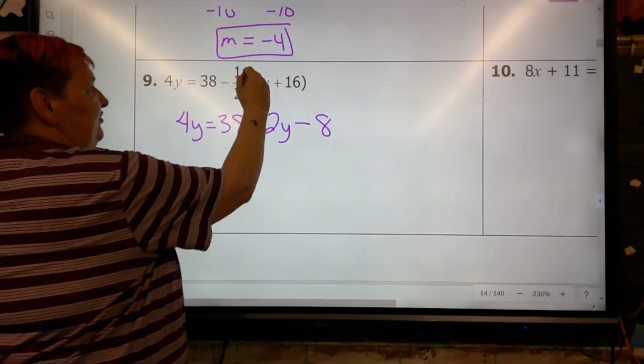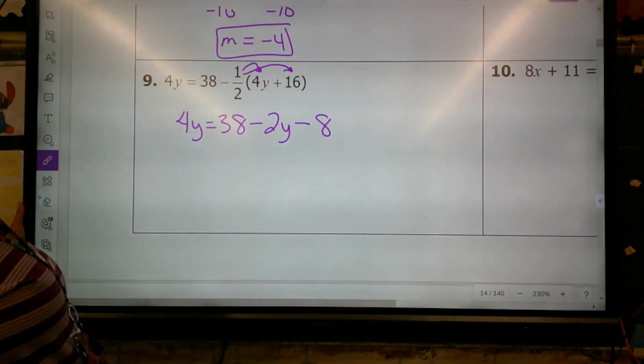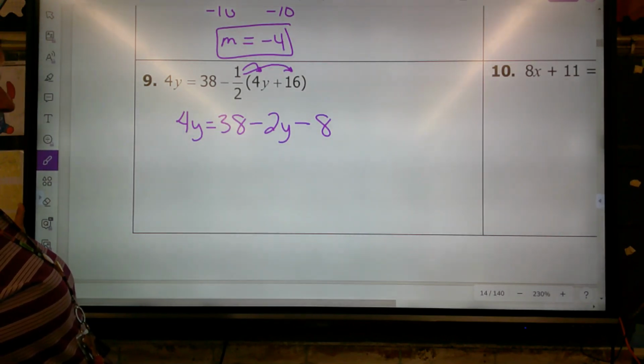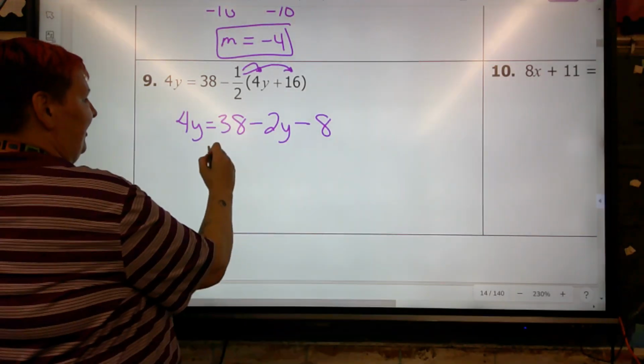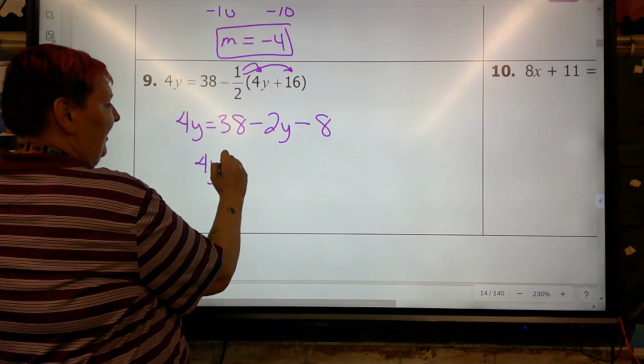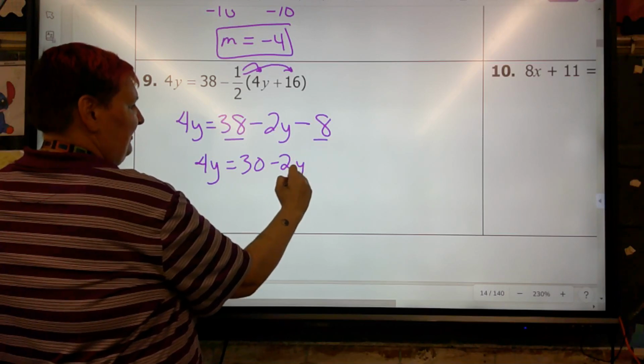When you distribute 1/2, you're just looking for half of that number. Half of 4 and half of 16. Combine your like terms. 4y equals 30 minus 2y.